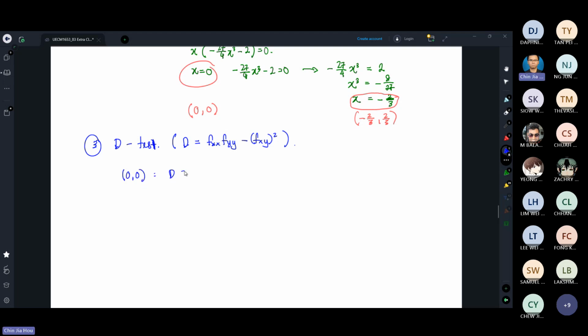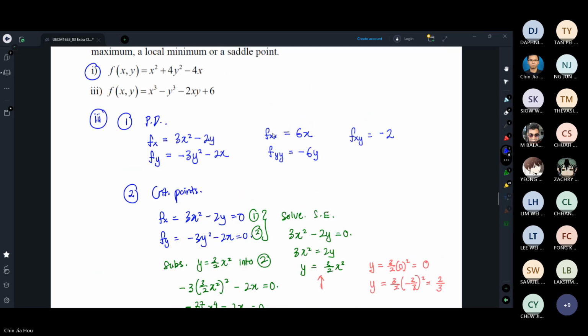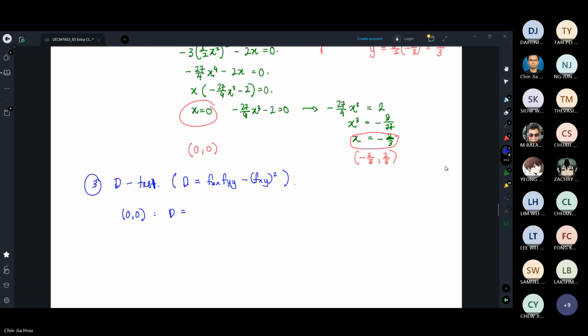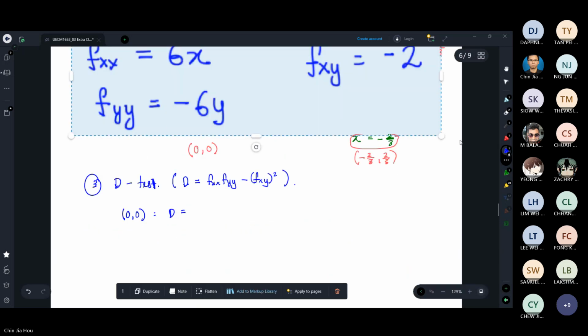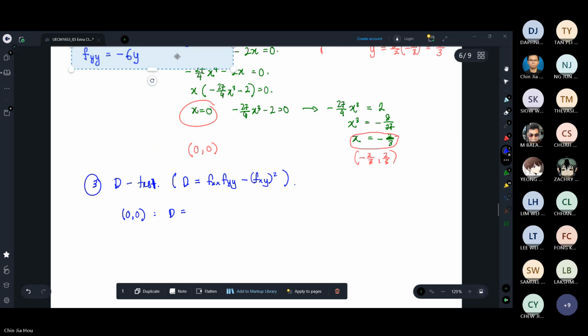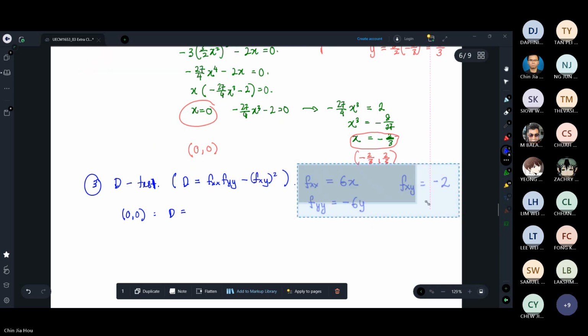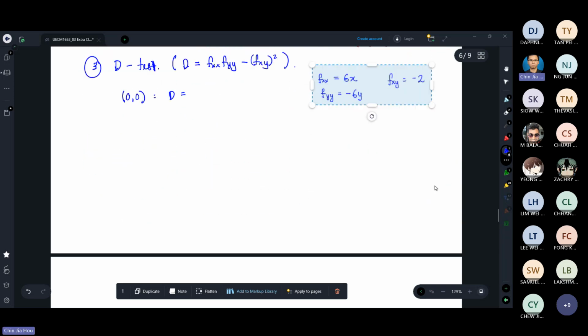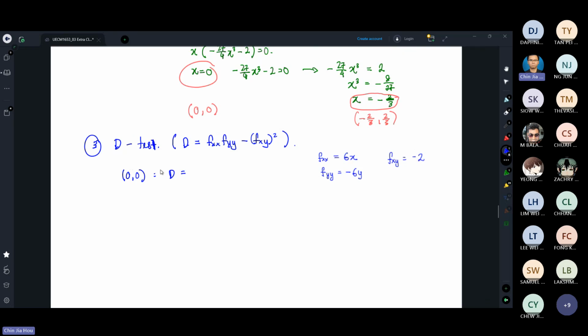At (0, 0), D is f_xx f_yy minus f_xy squared. Let's take it from here, and then you see f_xx is 6 times 0, multiplied with minus 6 times 0, minus (minus 2) squared.